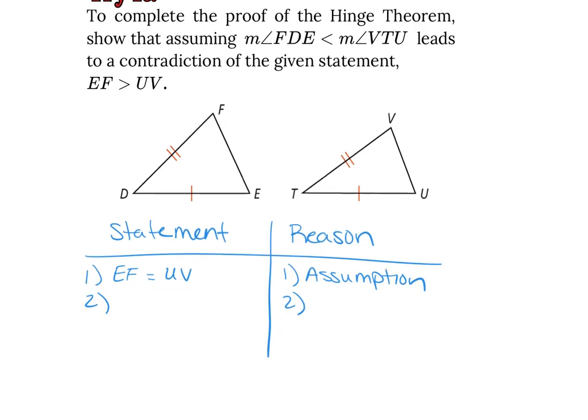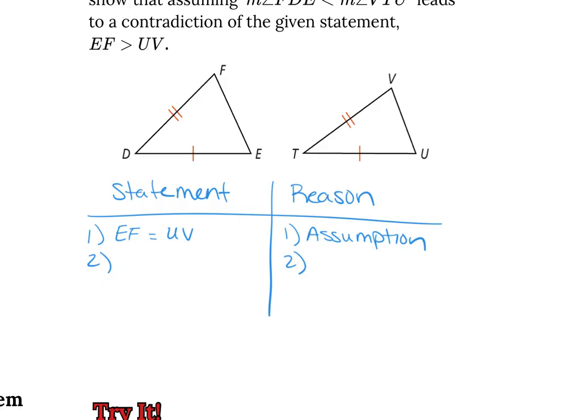And if EF is equal to UV, that means that triangle DEF would be congruent to triangle TUV by side, side, side.